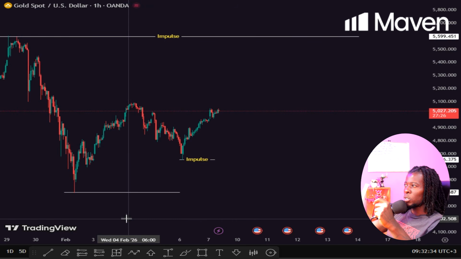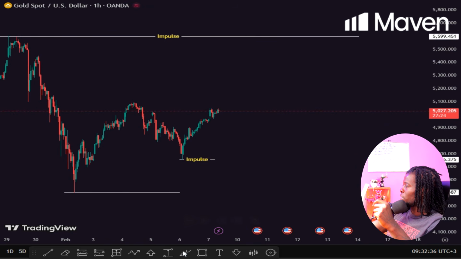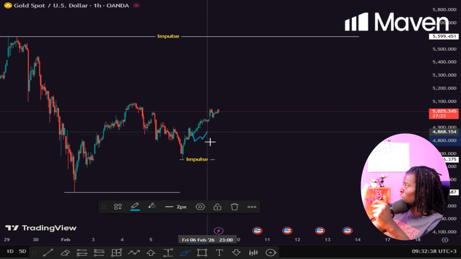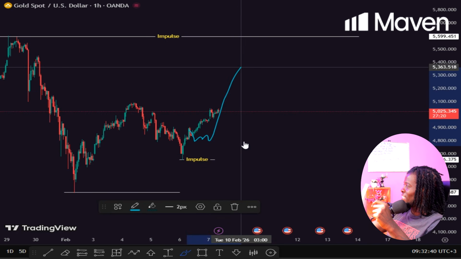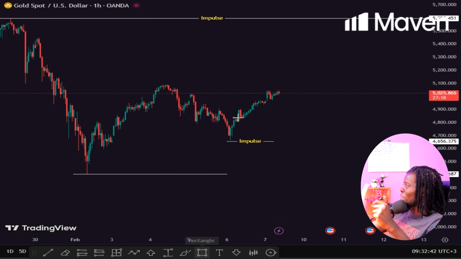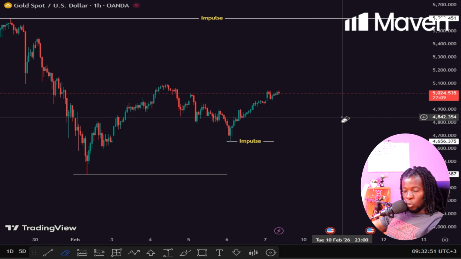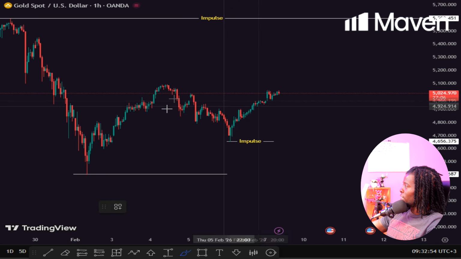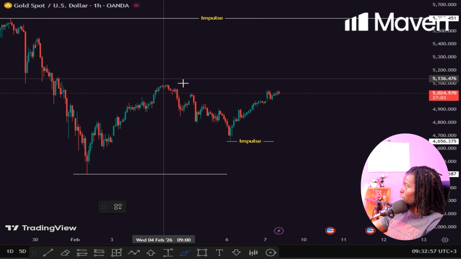So it's crazy because last Friday I was waiting for a correction, and then to look for buys, and then gold just gave me one red candlestick right there, and then continued pushing up. No worries, I did not take that trade because why? I've not seen this kind of anticipation right here.